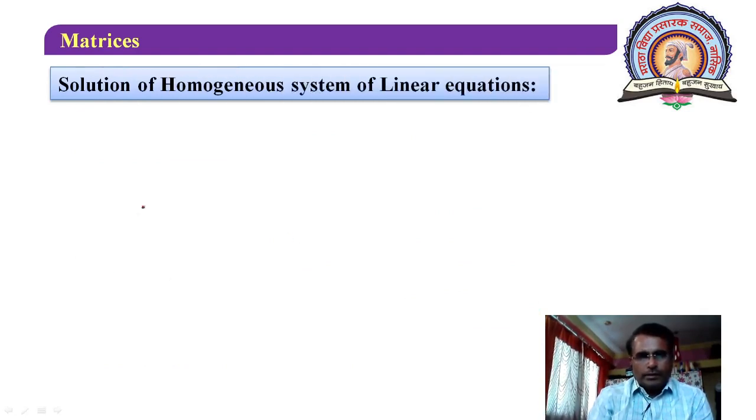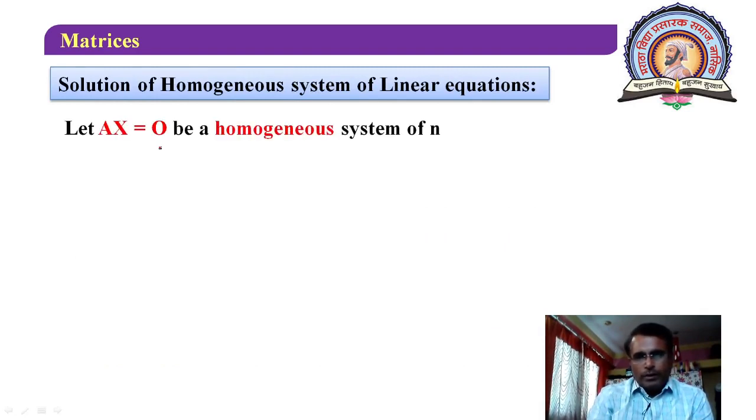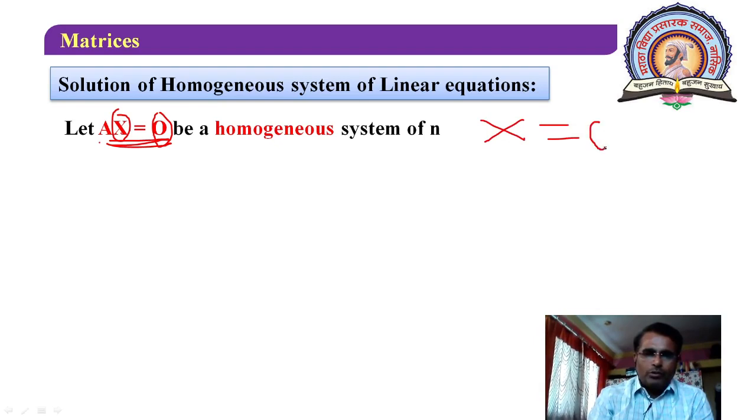So we have three cases. Now we are going to think about solutions of homogeneous systems. In the case of a homogeneous system, the right hand side constant is 0, therefore it is of the type Ax equal to 0 instead of Ax equal to b. As the right hand side constant is 0, we know that for this system if we substitute all variables x equal to 0, then A into 0 is equal to 0 and the equation is satisfied. This means x equal to 0 is always a possible solution for this system, and therefore it is always a consistent system.